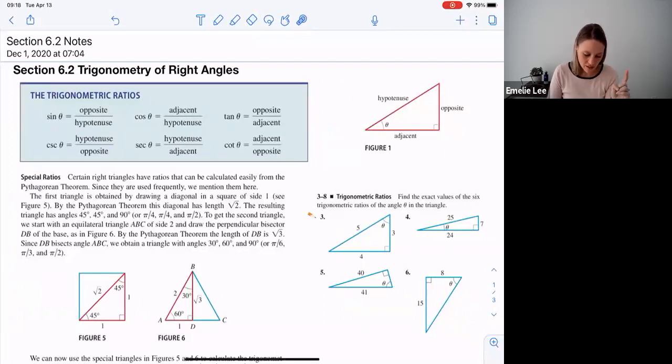I'll bring in these trig ratios, and the reason that we want to go in this direction is because we don't always want to be forced to be on the unit circle, right?